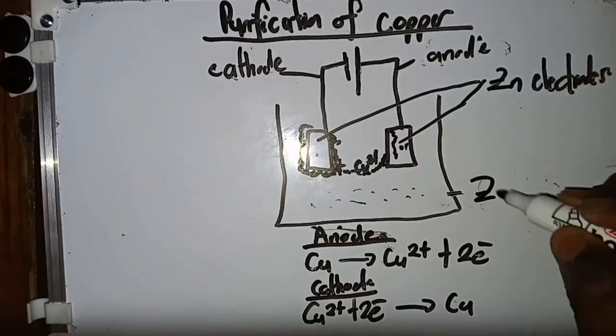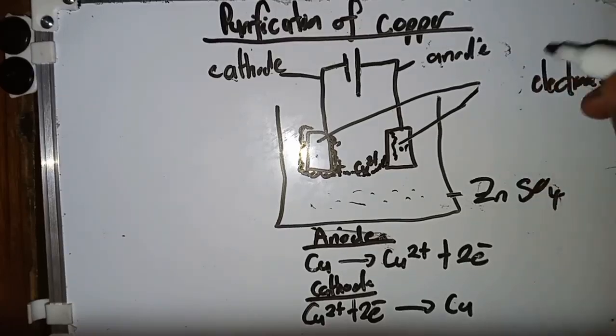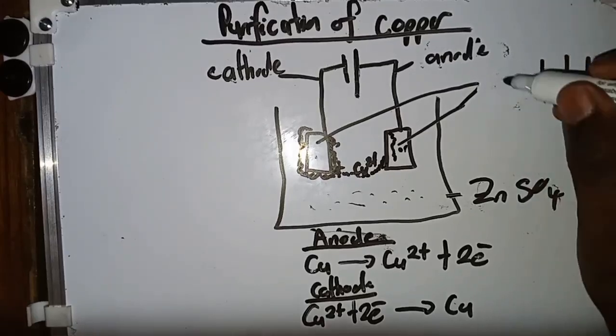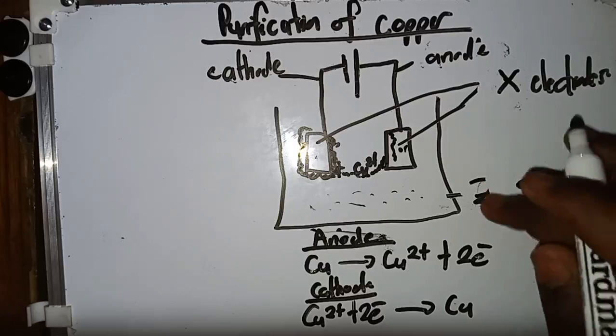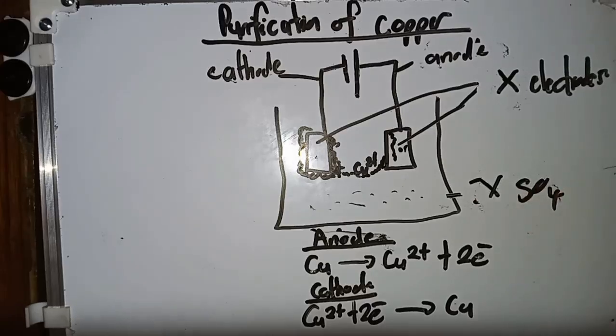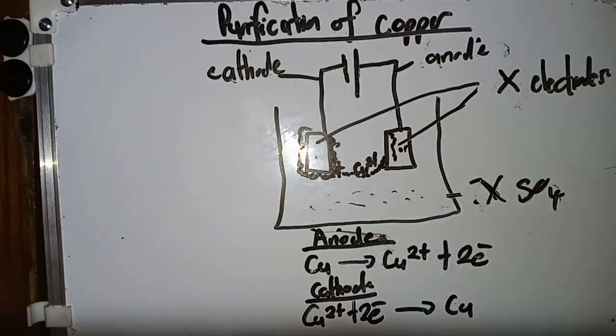You just use zinc sulfate. If they use X electrodes, you use X sulfate. Those are the questions they ask sometimes.